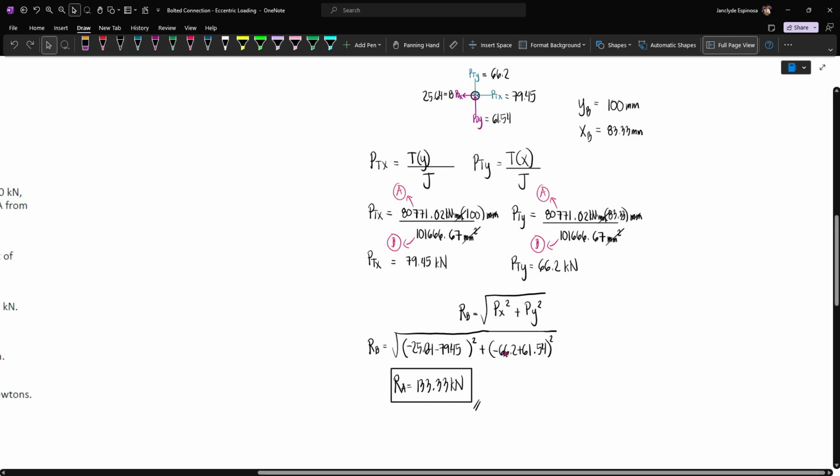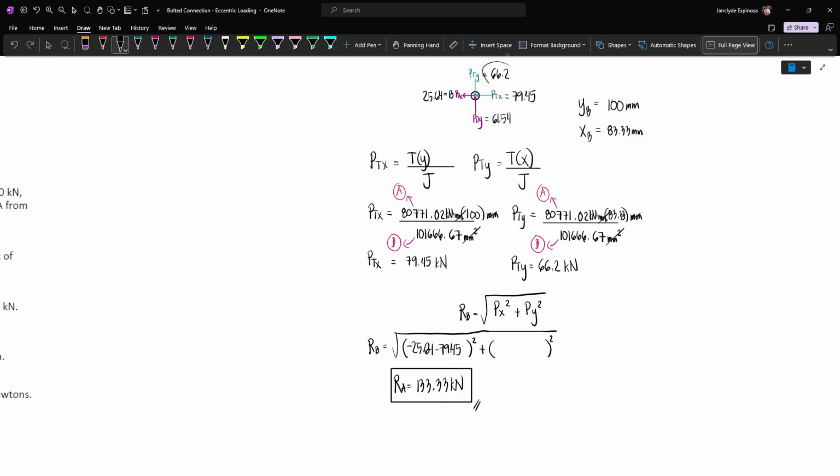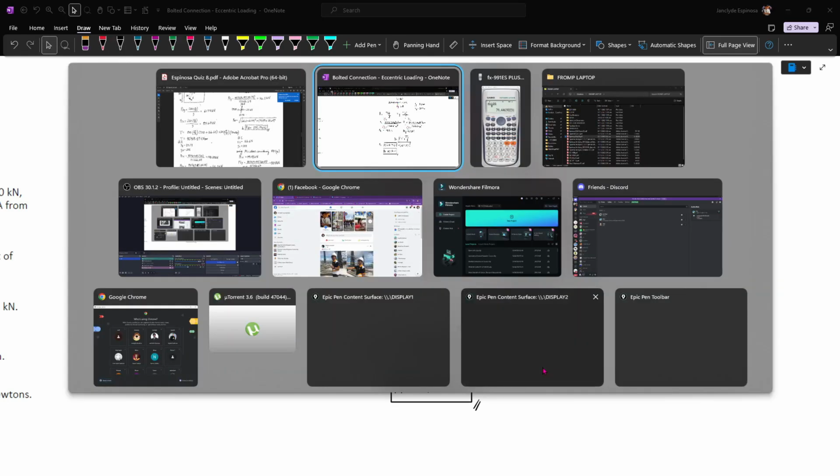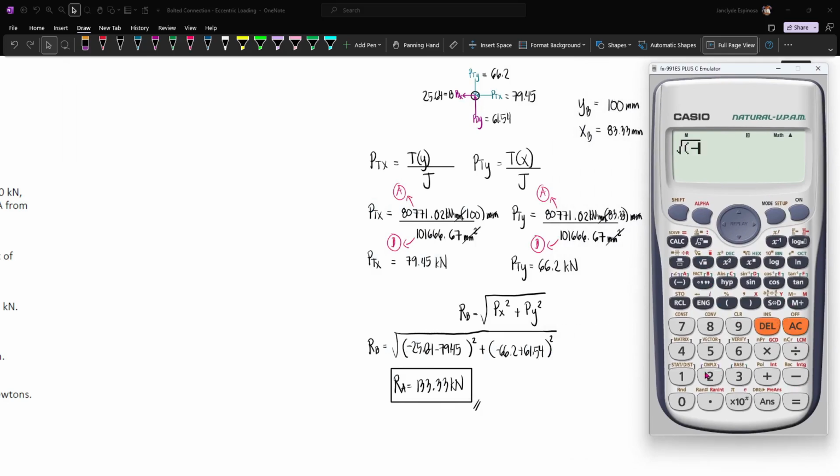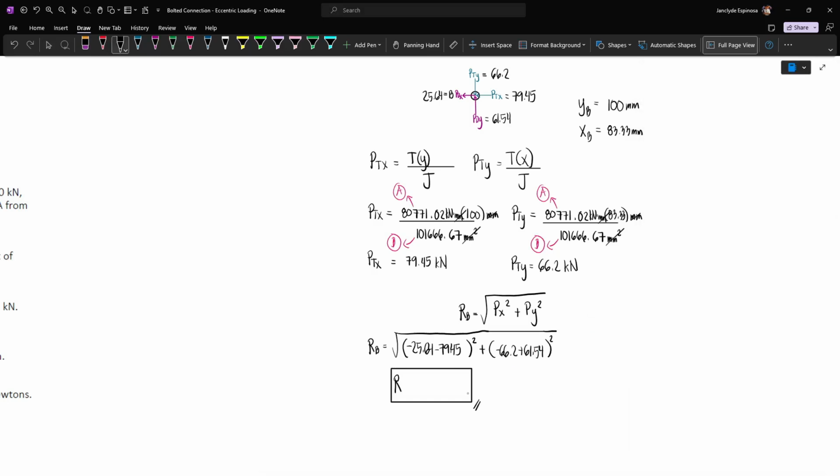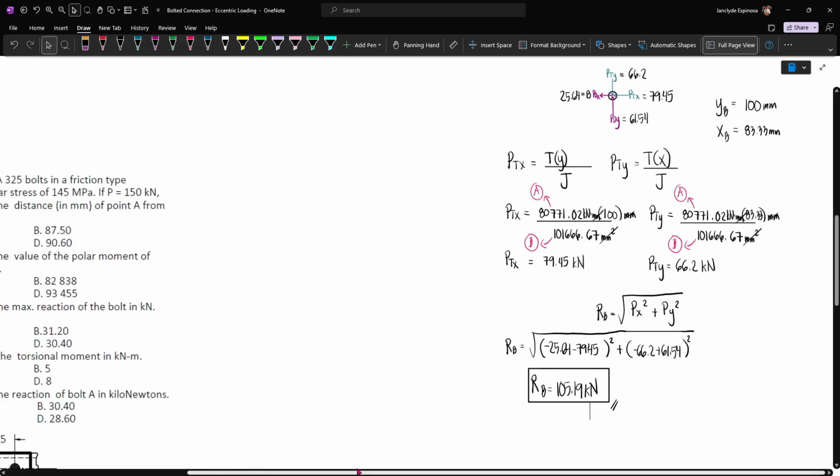For the forces along Y, we have minus 66.2 plus 61.54. And so this gives us the square root of (minus 25.64 minus 79.45) squared plus (minus 66.2 plus 61.54) squared, and so this is 105.19. So RB equals 105.19 kN, which is letter D.